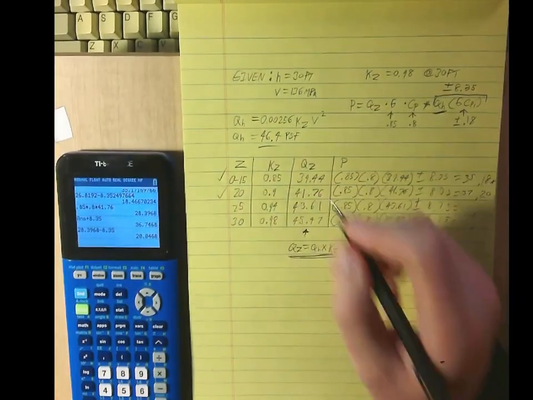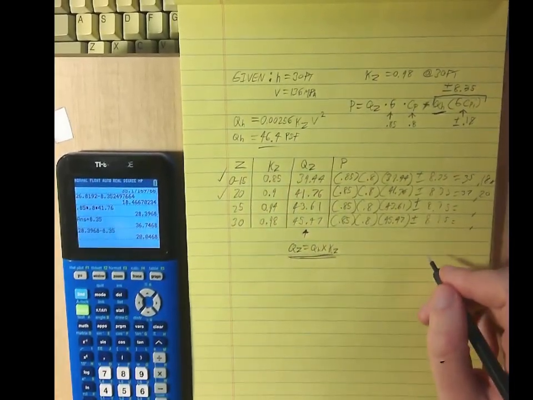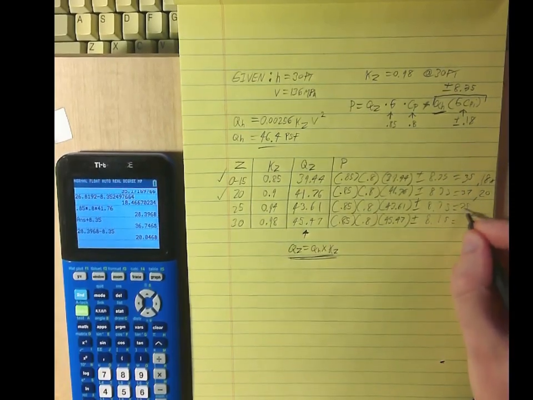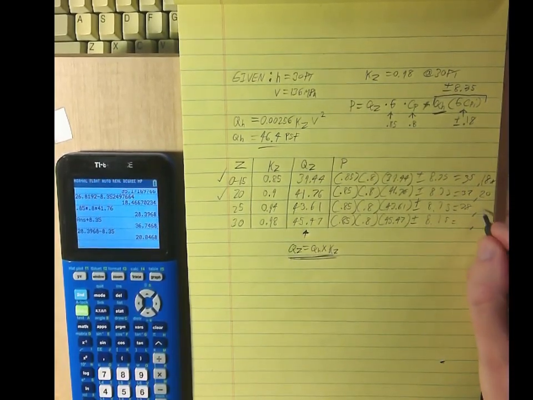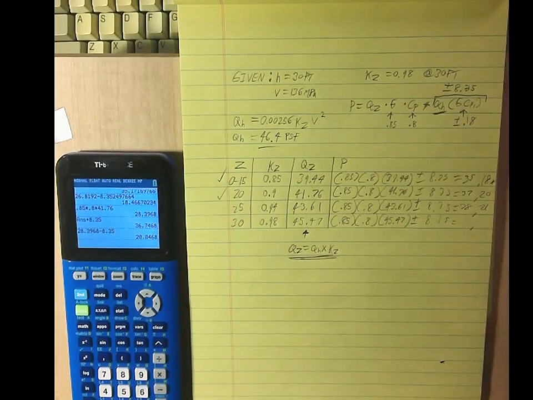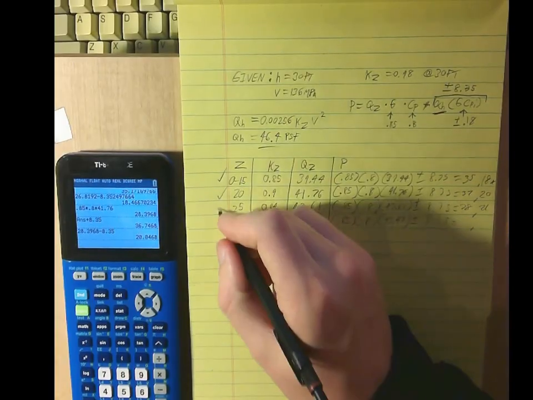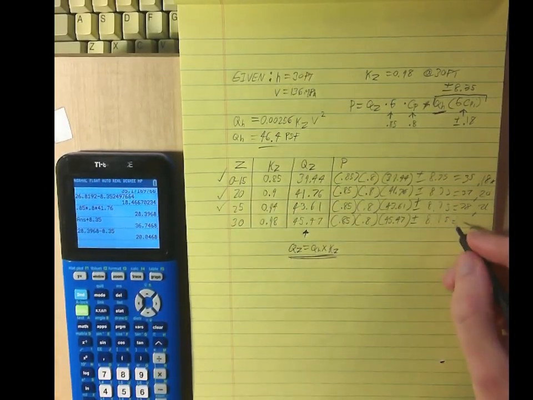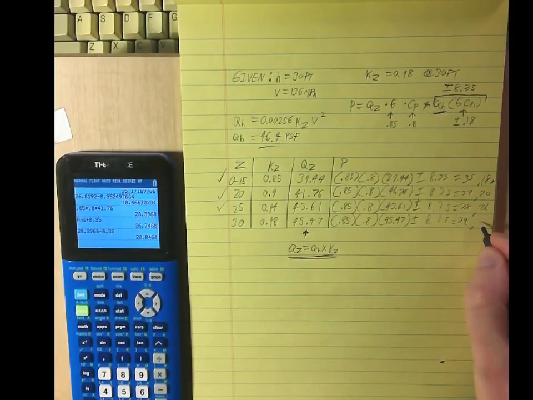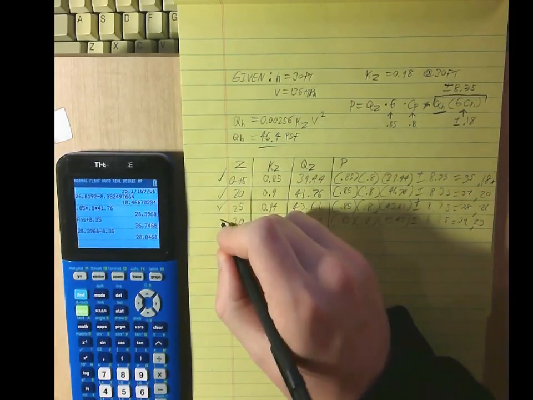So that's good. And similarly, if we keep doing this, we're going to get 38, 21, which is good. And then we're going to get 39 and 23, which is also good.